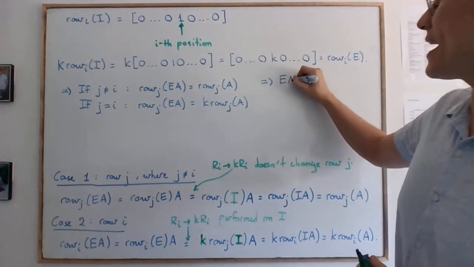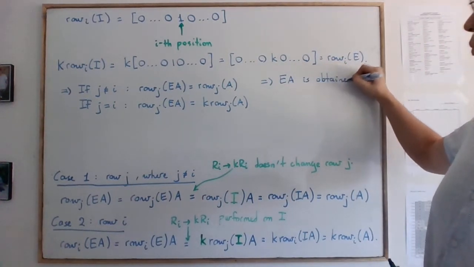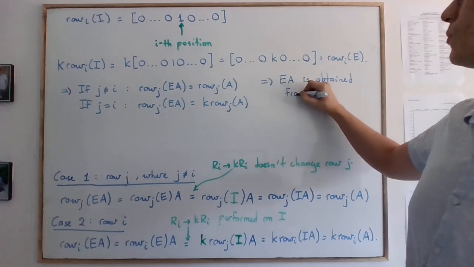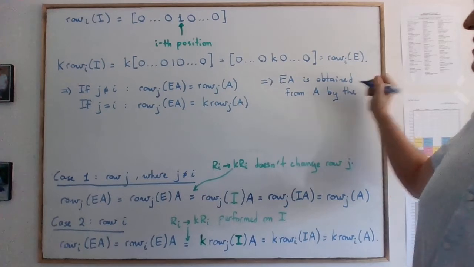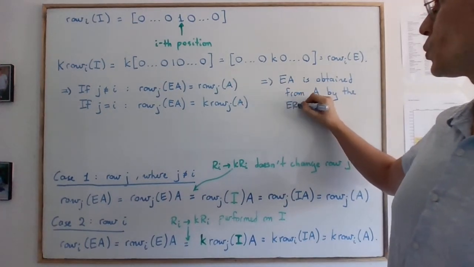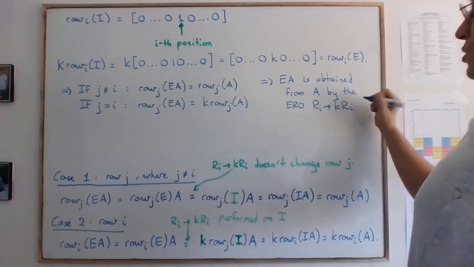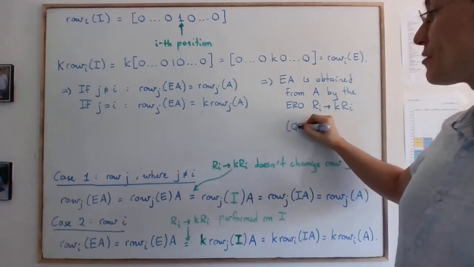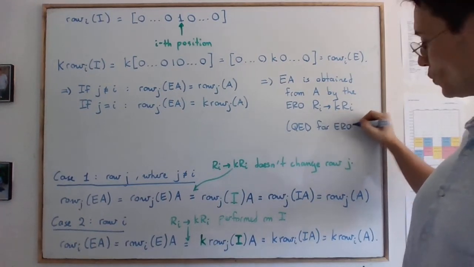So EA is obtained from A by the elementary row operation. And this is the end of the proof for the second row operation.